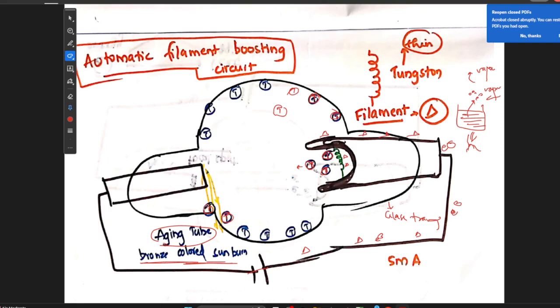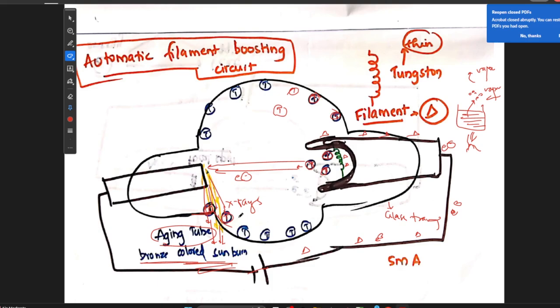When the electrons hit the anode, X-rays are produced. These X-rays have to travel through this tungsten coating and come out to reach the patient. Some of the X-rays are lost in the tungsten coating itself, so this is not desirable.